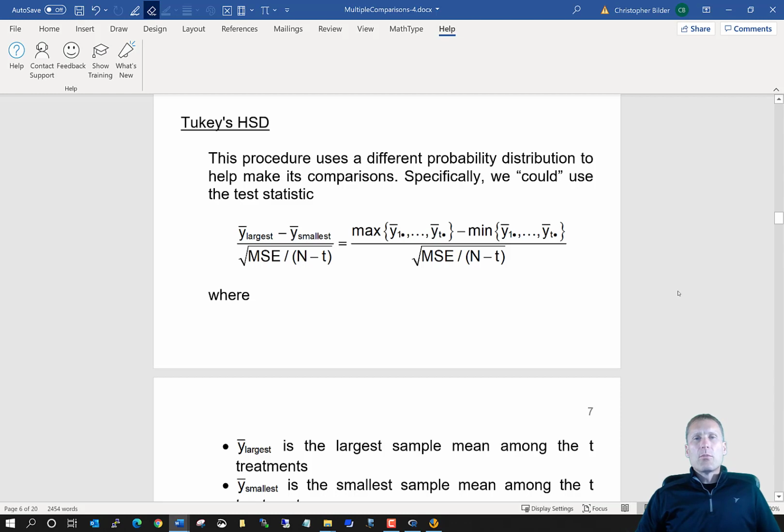Our third multiple comparison procedure is referred to as Tukey's HSD. Tukey's a famous statistician, so it was named after him. This particular procedure uses a different probability distribution to help make our multiple comparisons. Basically, it's based upon this statistic here. Let me get my pen out again.